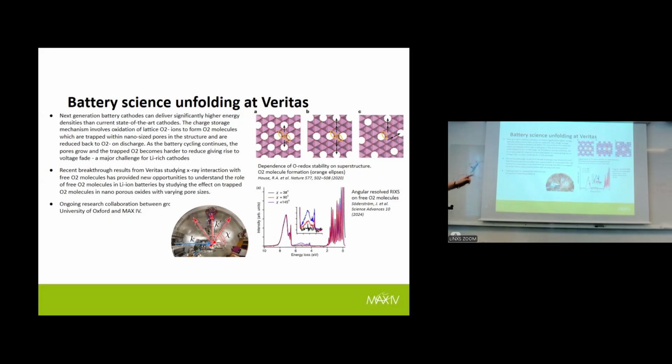So this is one thing that a group from Oxford, together with a group from Såthe, have been doing experiments at Veritas to look at how we can use this effect and see it. First initial experiments, and then they tried to create an inoperando setup where they put anode materials on a window, and then you fill it with oxygen, and then you look at the effects of this.